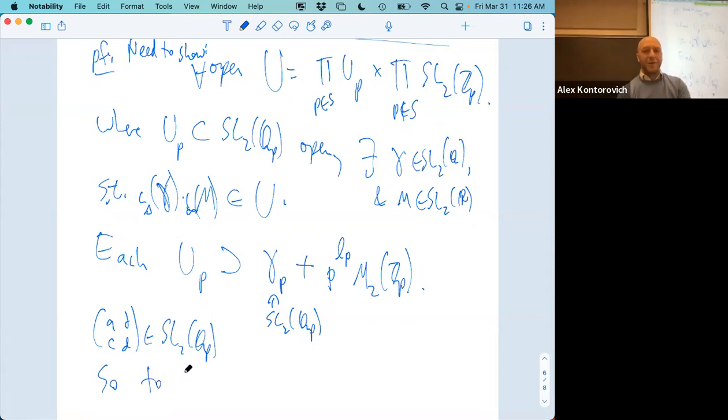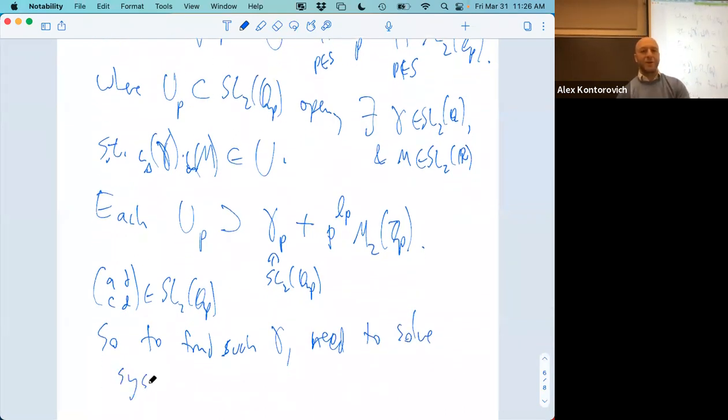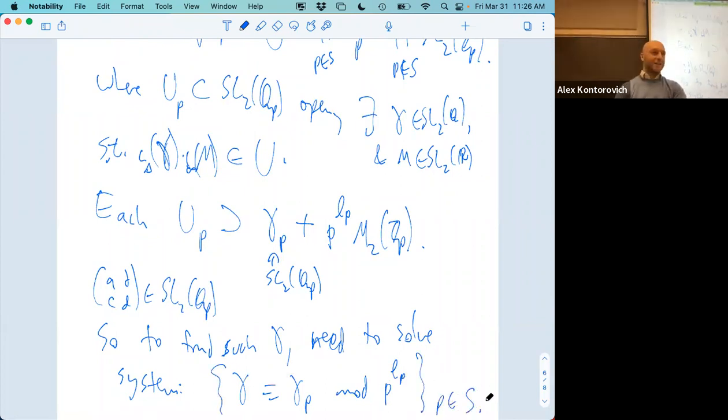To find such gamma, we need to solve a system of equations that gamma is congruent to this gamma_p mod p to the l_p. And we have a system like this as p runs over the finite set S. Does that make sense?